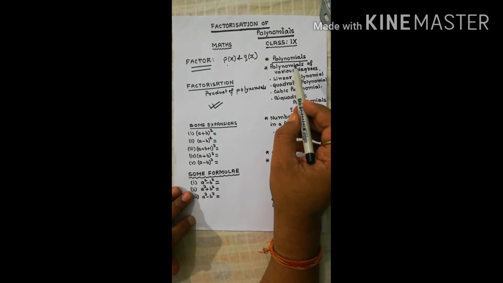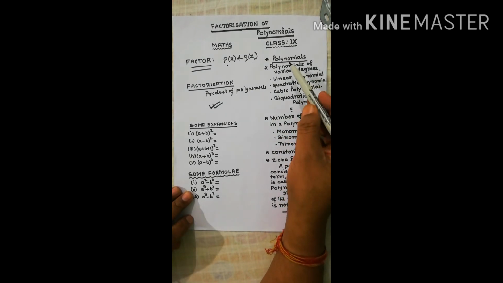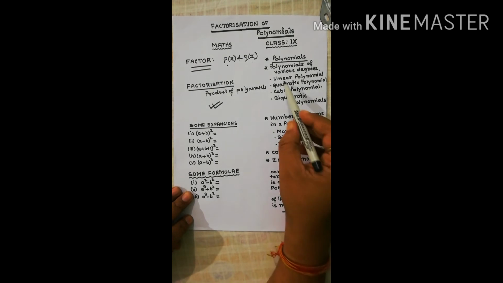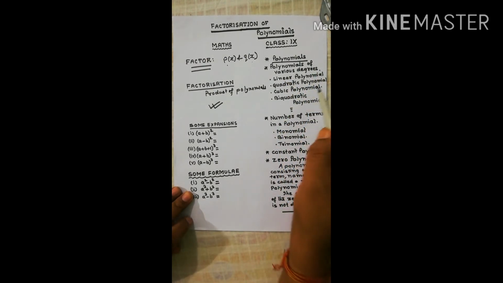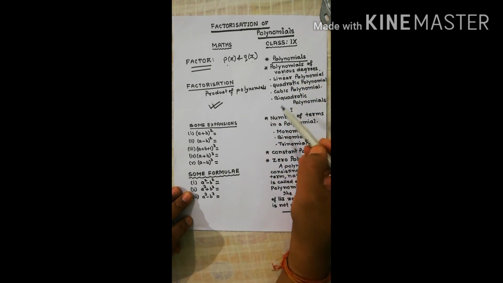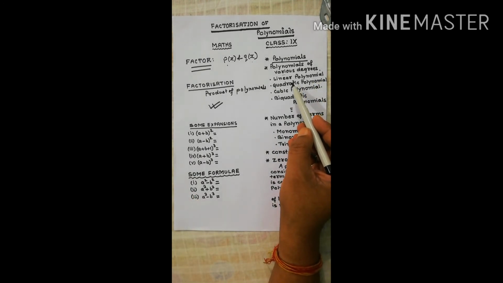So to learn the process of factorization, we should learn about polynomials perfectly. Polynomials of various degrees. What are polynomials of various degrees? Linear polynomial. You know what is a linear polynomial? What is quadratic polynomial?